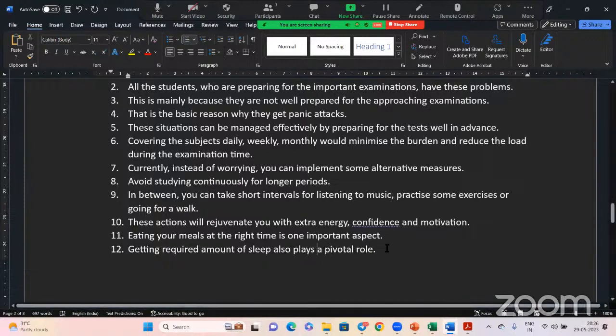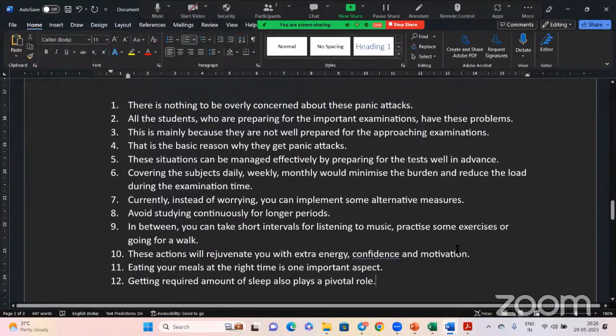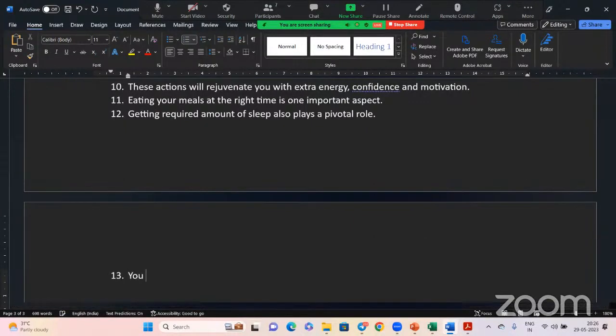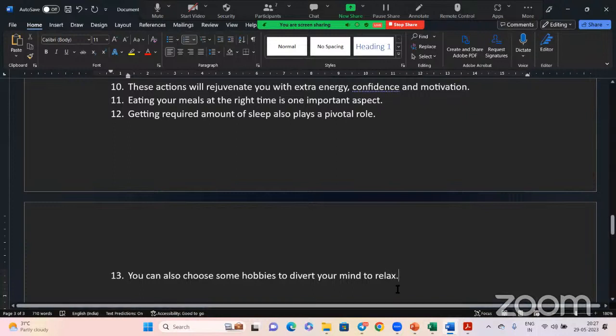You can also choose some hobbies to divert your mind, to relax.